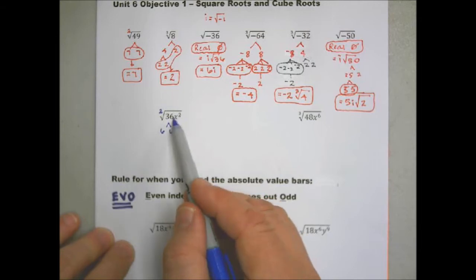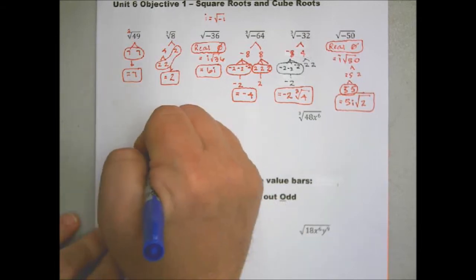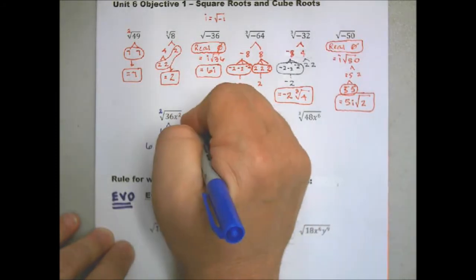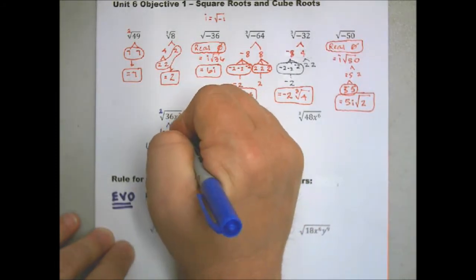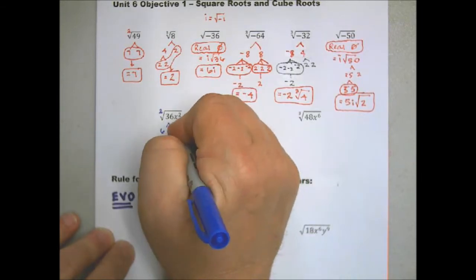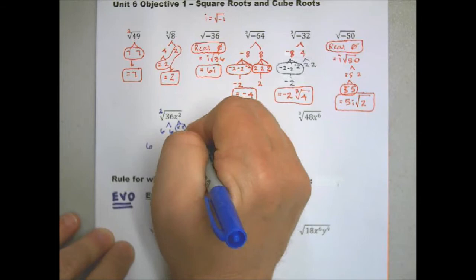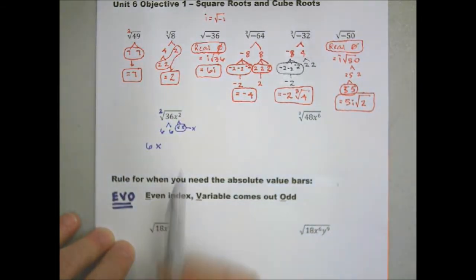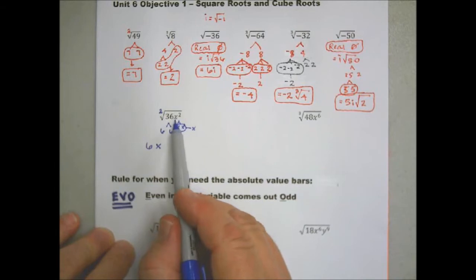So we know 6 comes out, and x squared is simply x times x. And sure enough, there's a pair of x's, so one of them gets to come out. However, we don't know whether it was positive or negative in the first place.